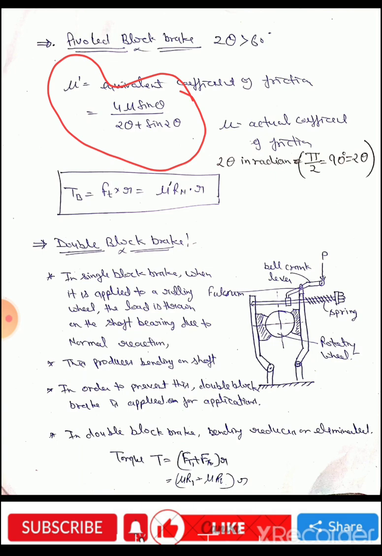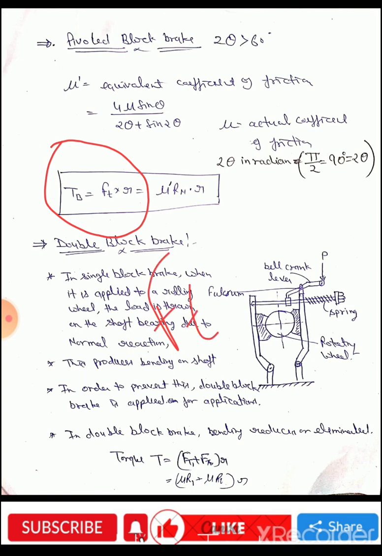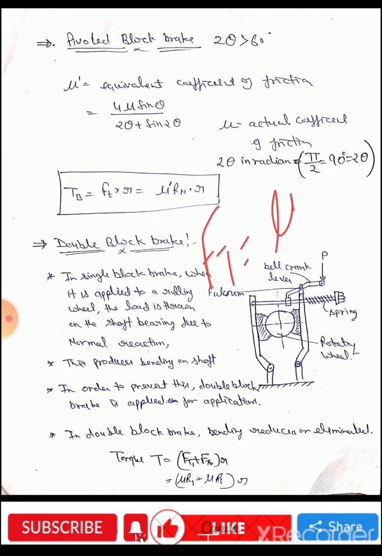So TB, the tangential braking torque, is equal to Ft into R. Ft is the tangential braking force. In the simple case Ft is equal to mu Rn, but in pivoted block brake Ft is equal to mu dash Rn, where mu dash is the equivalent coefficient of friction.